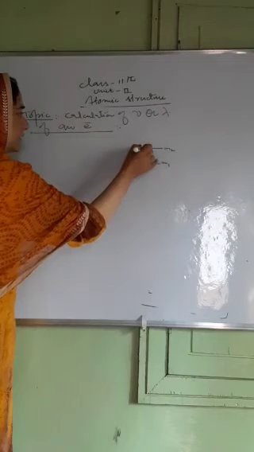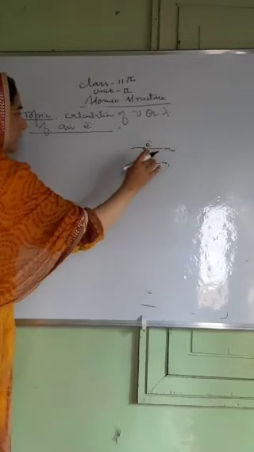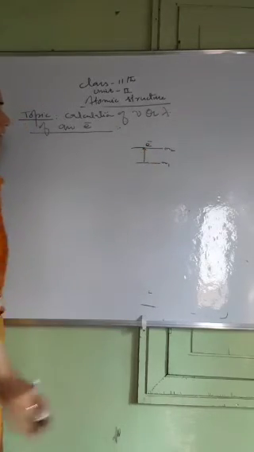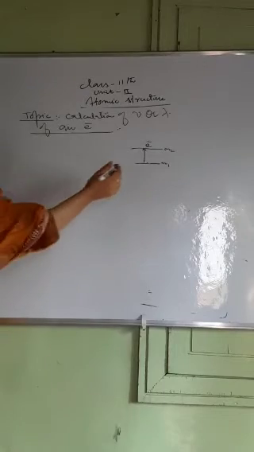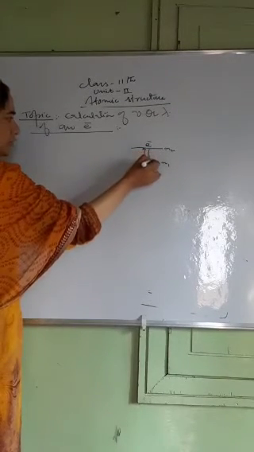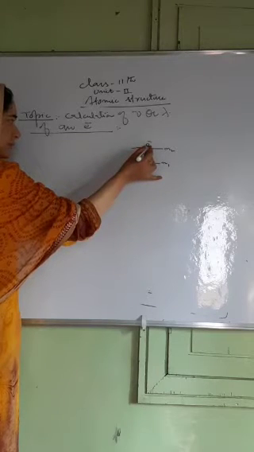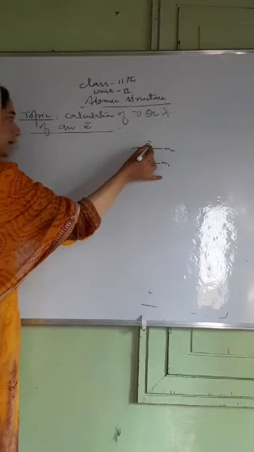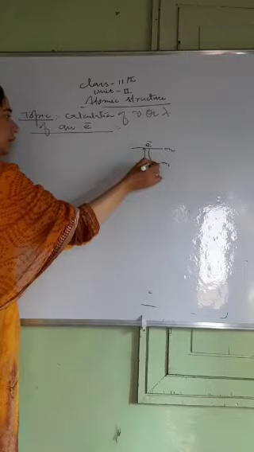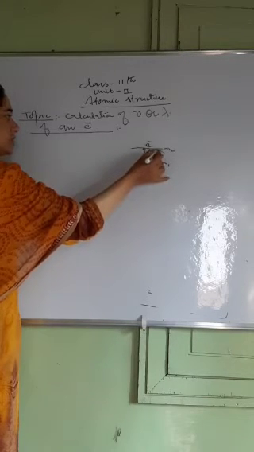In the excited state it remains there, and then it tries to jump back to the ground state. When it jumps back from the higher energy state to the lower energy state, it emits the radiation.